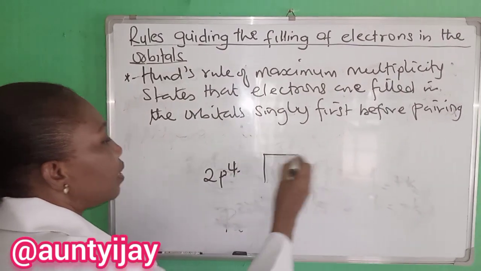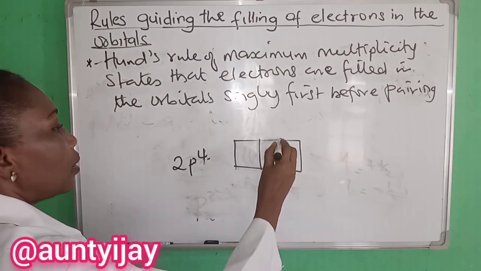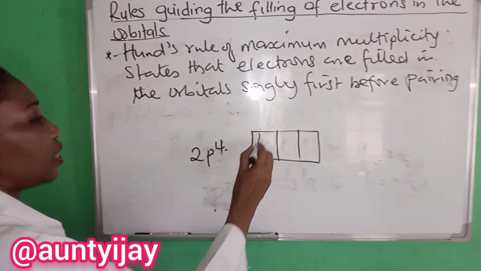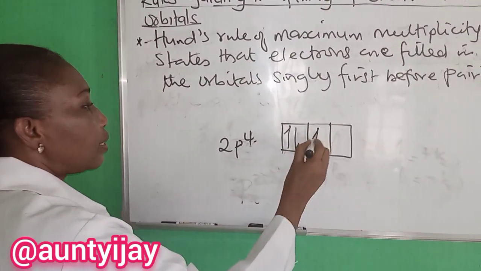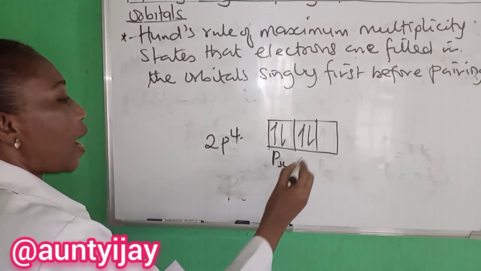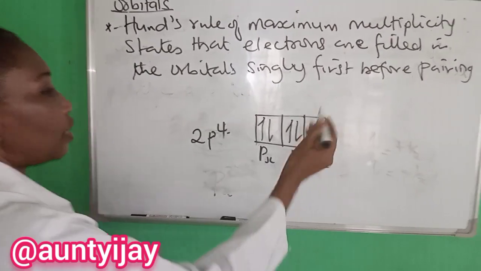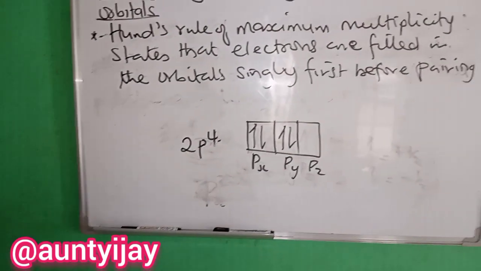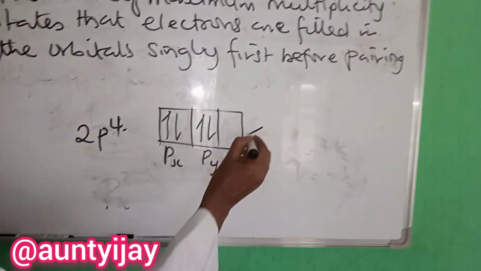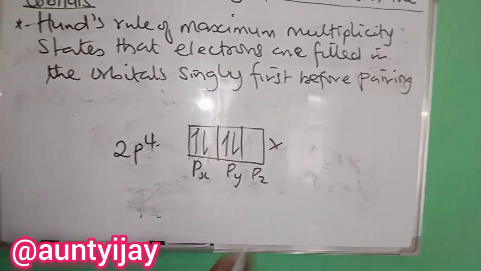You don't fill it like this. Since we have 4 electrons, you cannot say you fill in this way and this way, where we have px, py, pz, and you leave pz empty. This is wrong.